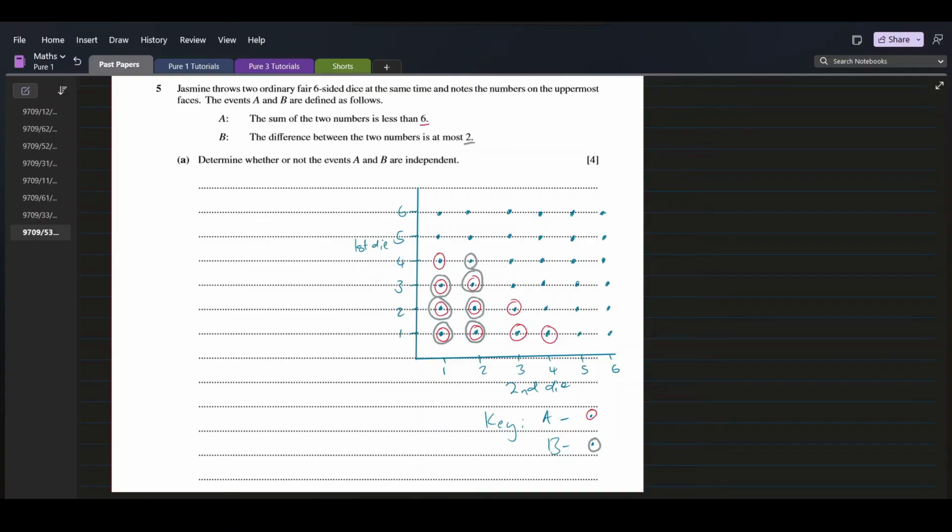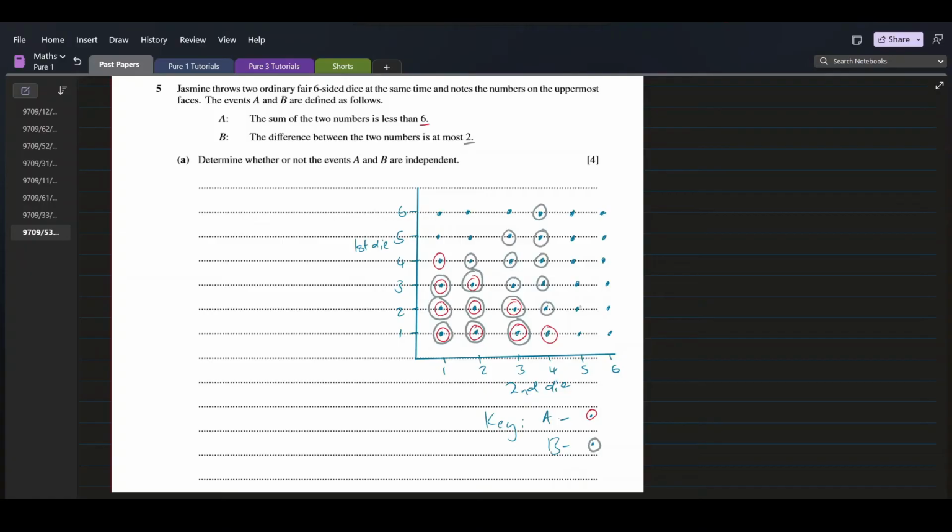And then we've got 3 and 1, 3 and 2, 3 and 3, 3 and 4, 3 and 5. And then we've got 4 and 2, 4 and 3, 4 and 4, 4 and 5, and then 4 and 6.